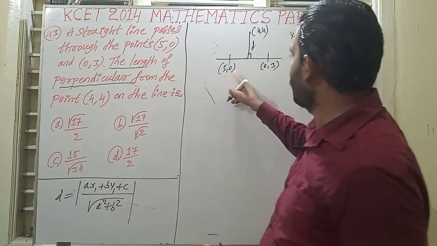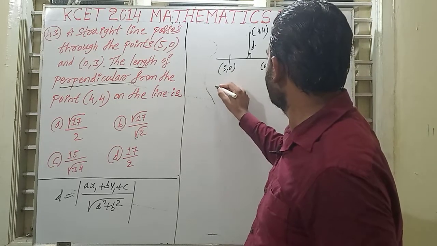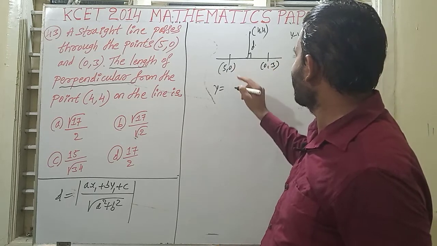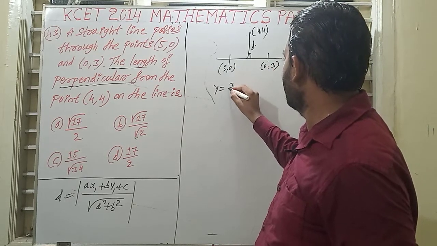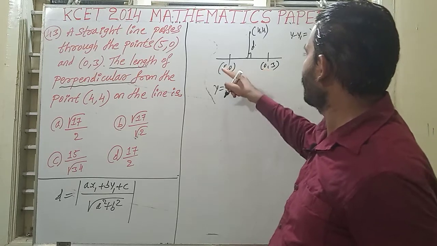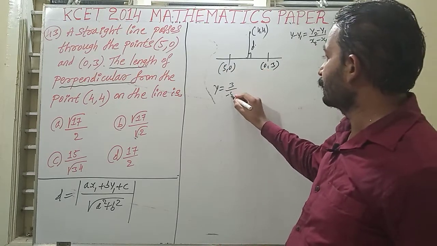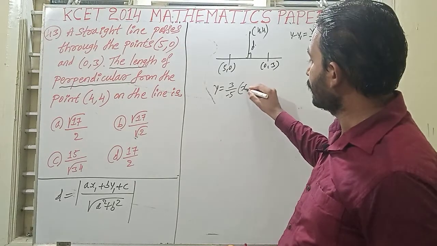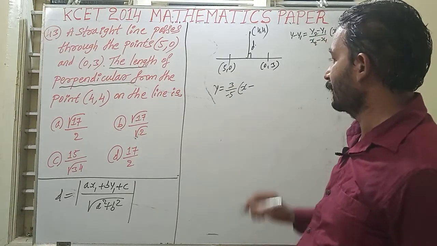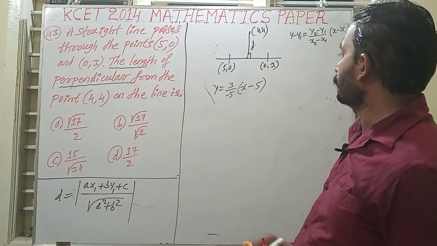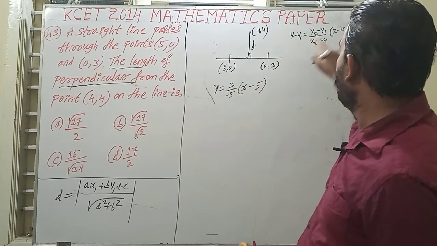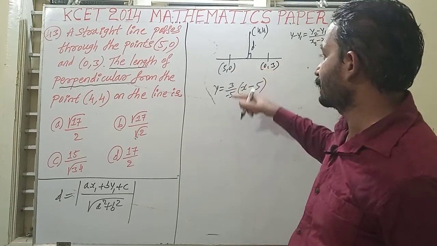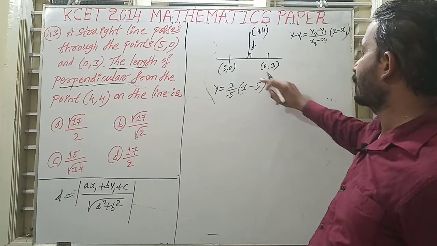So this is x1 y1, x2 y2. y minus y1 is y minus 0, y2 minus y1 is 3 minus 0, 3, divided by x2 minus x1, 0 minus 5, minus 5, into x minus x1, which is x minus 5.